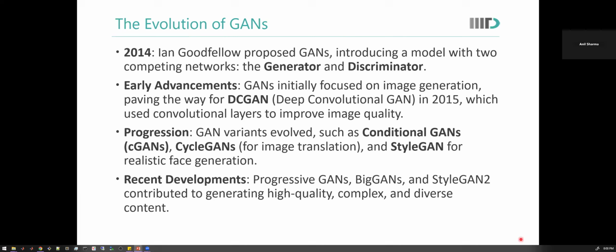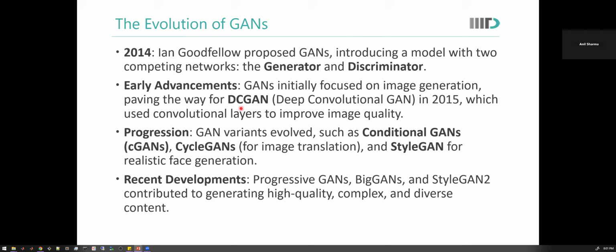In autoencoders, we were generating the data in an unsupervised way, but GANs are more advanced than autoencoders. They generate entirely new data by putting two networks together. GANs transformed the field by enabling applications from image generation to style transfer and beyond, right?